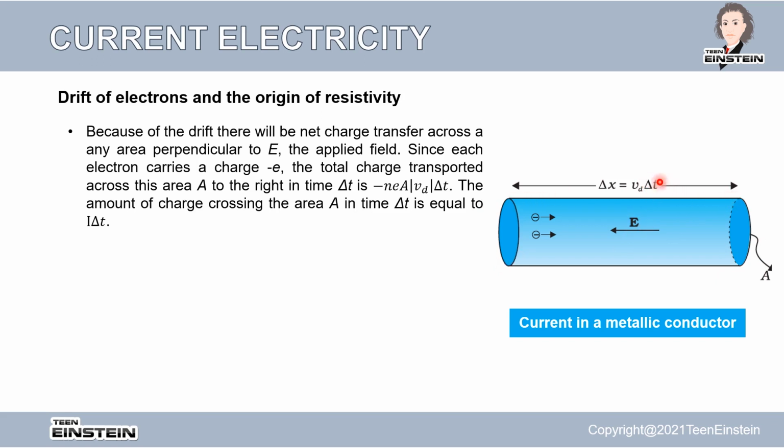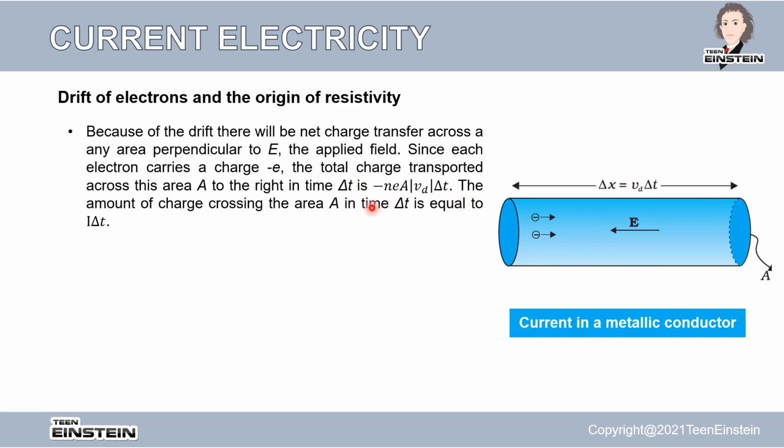Within delta t, only the electrons in this length delta x can make it to this surface, because only they have the drift velocity v_d. So delta x is the distance the electrons can travel in delta t. That's why we consider how many electrons are present in this particular volume.